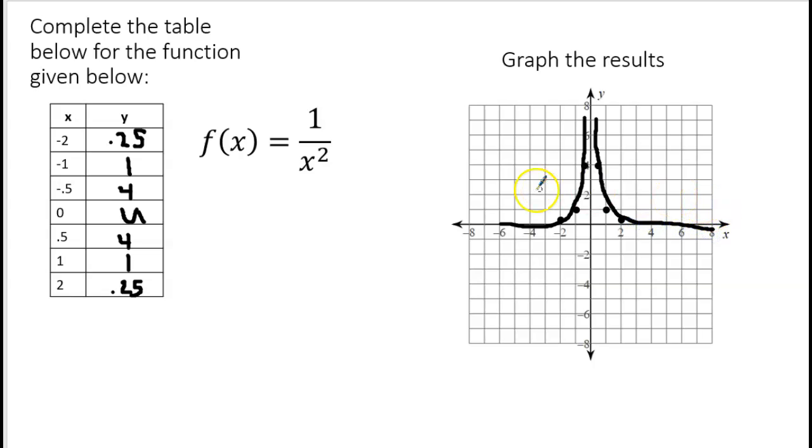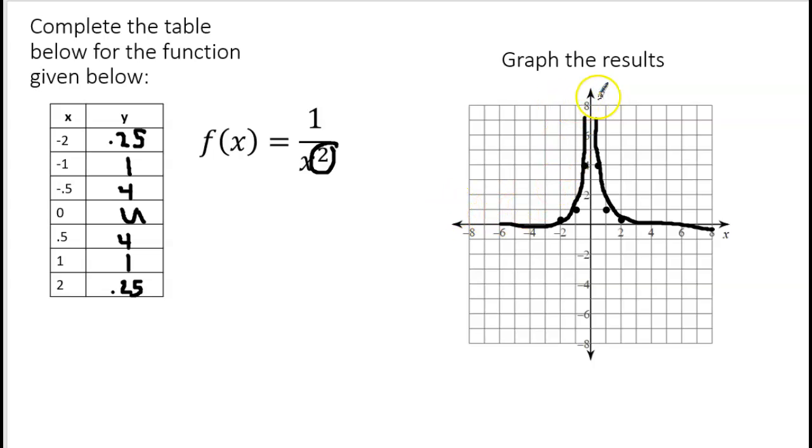Okay, and the reason it looks like that is because of this even power. The even power cancels the negatives out. So instead of getting a graph down here where all the y values are negative, when you plug in a negative x value on the left side, you end up getting a positive y value, so it ends up being up here, just like it is on the other side.